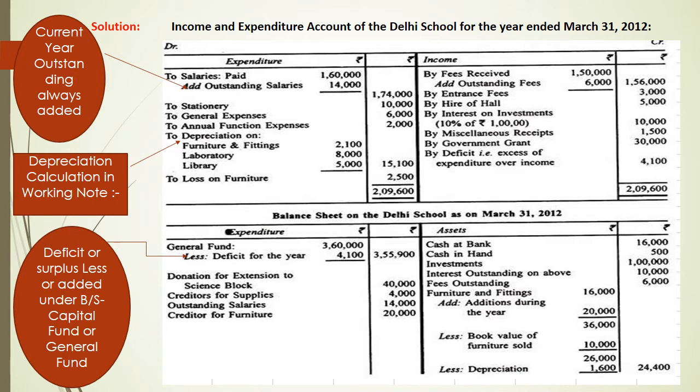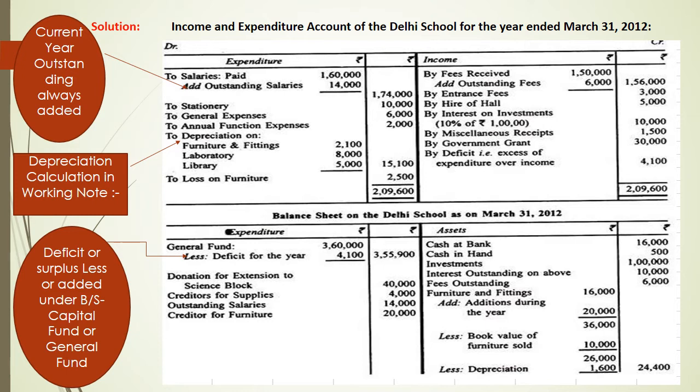Depreciation is to be mentioned here: 2,100, 8,000, 5,000. But this depreciation should be calculated after the selling and purchasing of the furniture and other items mentioned in the question. So the working note for this depreciation will be given in the next slide, where I have given all the details of how to calculate depreciation.